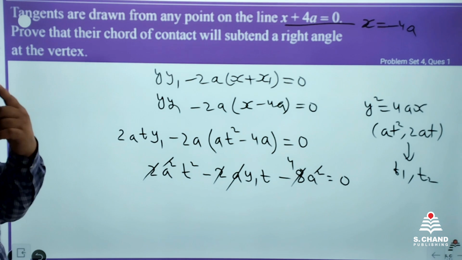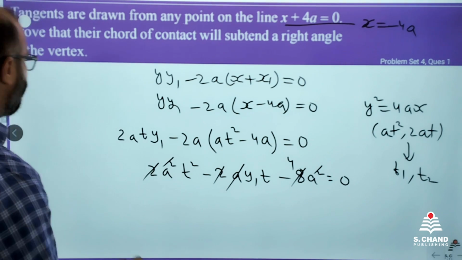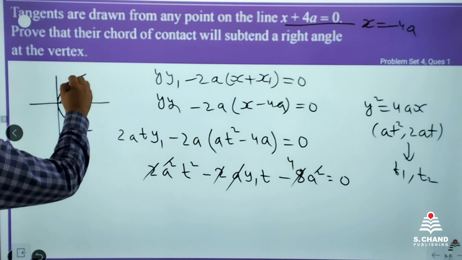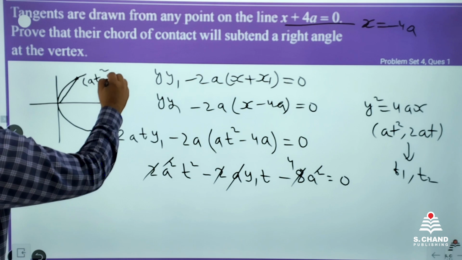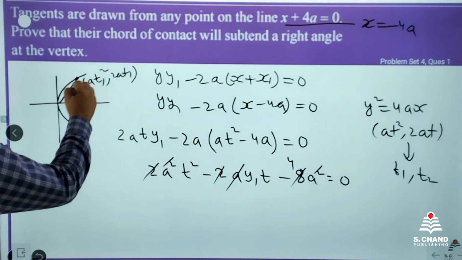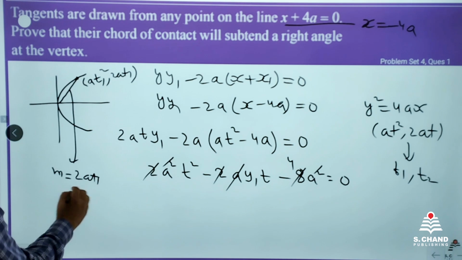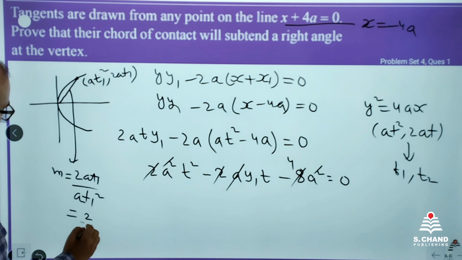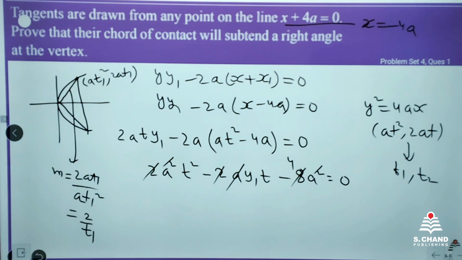Now in this equation, t is the parameter. If you take the point with the origin, as this is (at1 square, 2at1), its slope will be 2at1 by at1 square, which is 2 by t1. Similarly for the other point on the chord of contact, the slope will be 2 by t2.